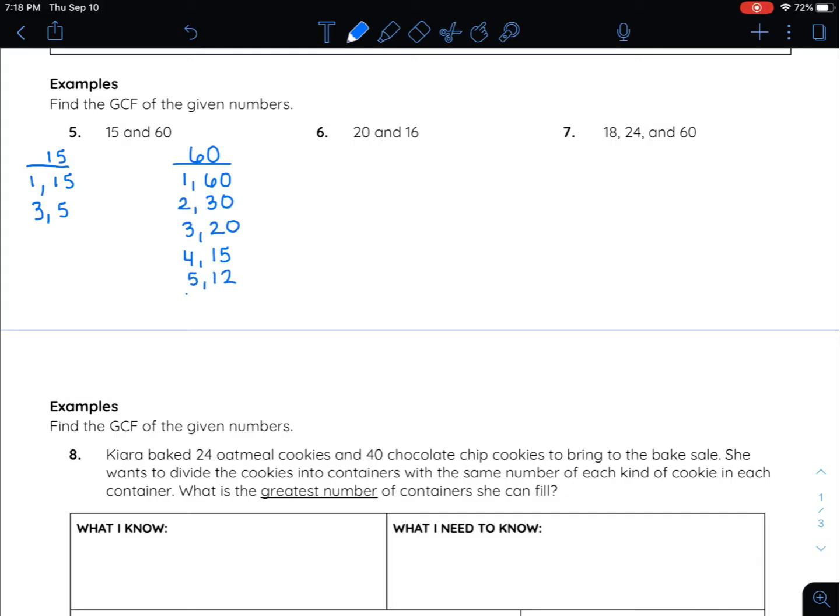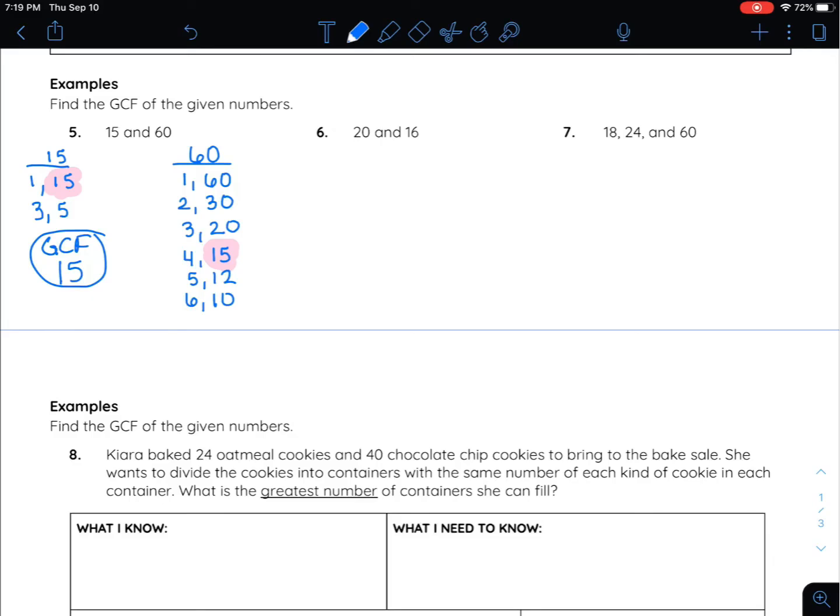And so does 6. 6 times 10. 7 doesn't, and neither does 8 or 9. So we're done. So let's see. Oh, I see one that's in common. I hope you see it too. So I see that they both have 15. So that means that the answer here, the GCF, is 15.